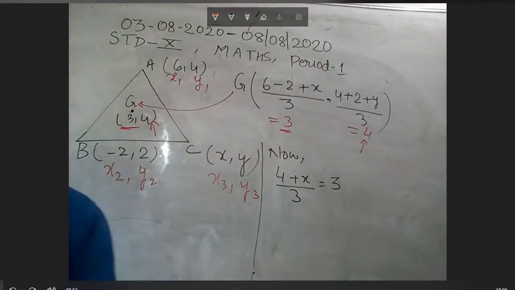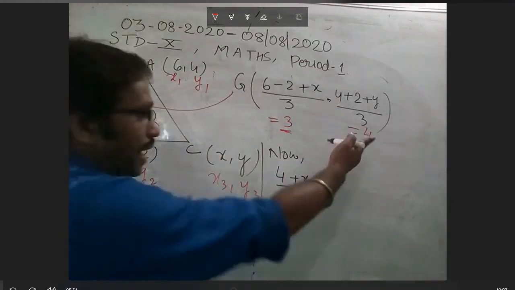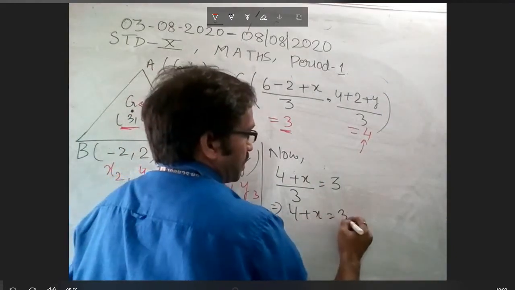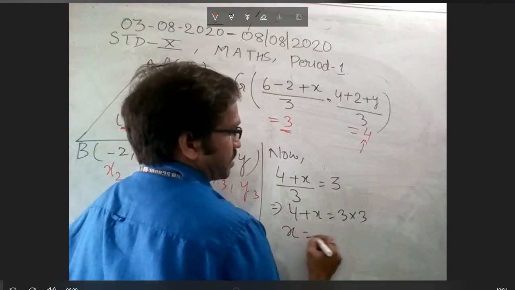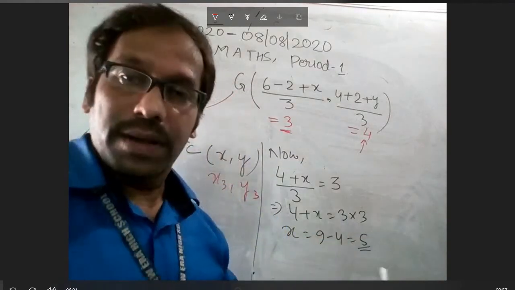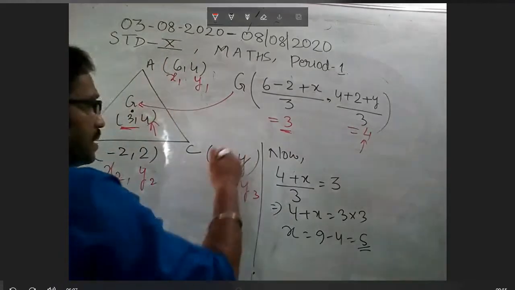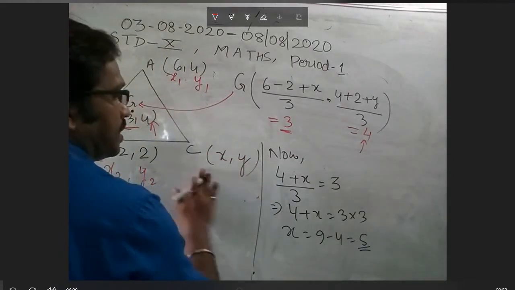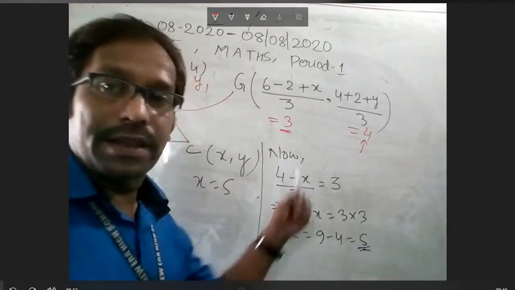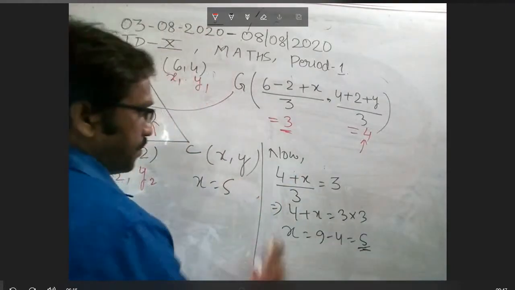We can find it. Then 4 plus x is equal to 3 into 3 by cross multiplication. That means x is equal to 9 minus 4. So we have found the value of x here. Now we have to find the value of y. What is that value of y?